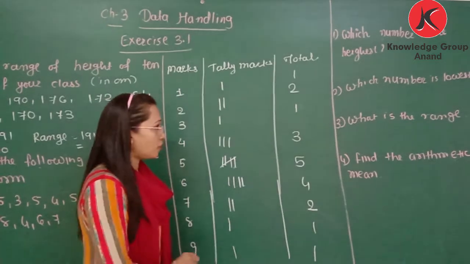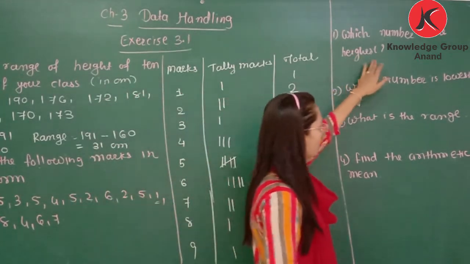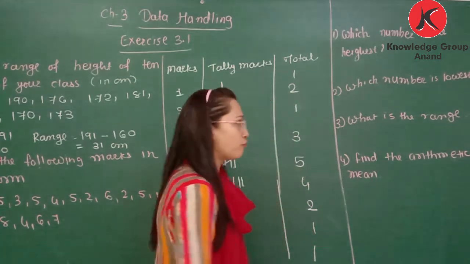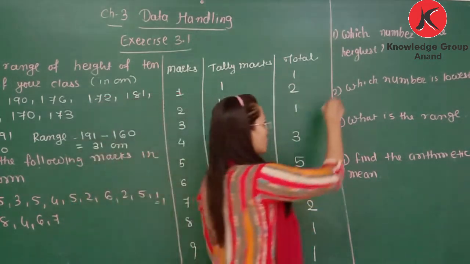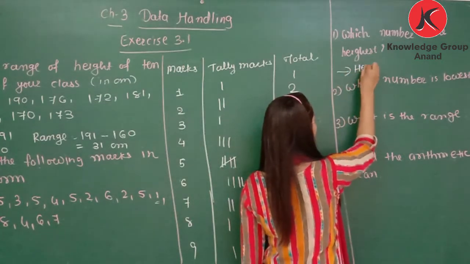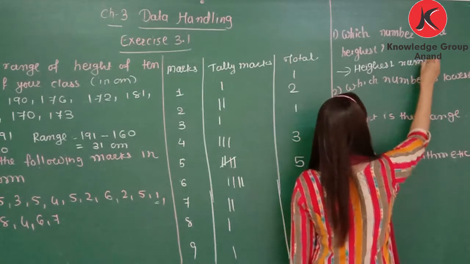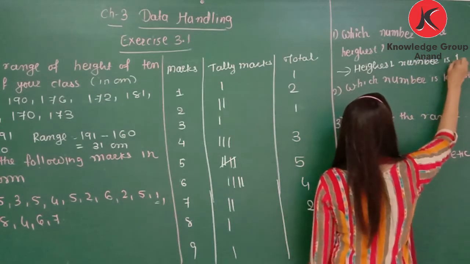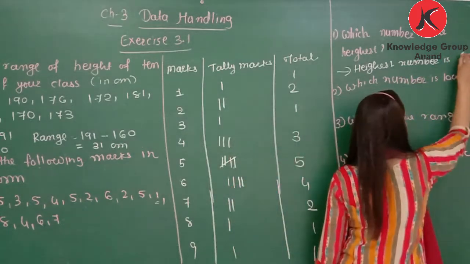Now from this we need to answer the questions. First question is, which number is the highest? Sorry, the highest number is 9.